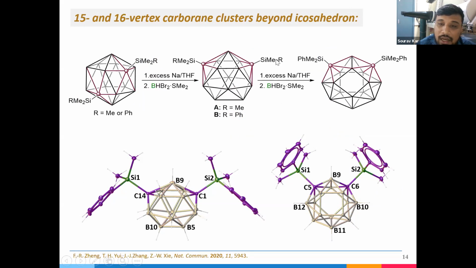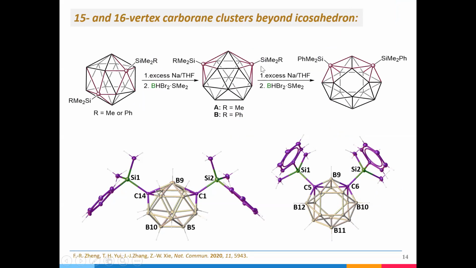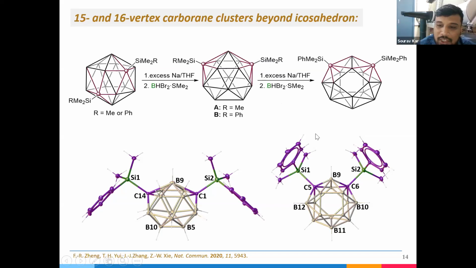And here, the silane group attached to the carbon has acted as the driving force for the isolation of this higher vertex cluster. So this 16 vertex cluster core was proposed by Lipscomb, and they have got the same core, which is square, crown, and square. There are two squares in anti-position. In between, one crown is there, so it is known as a square crown square structure.